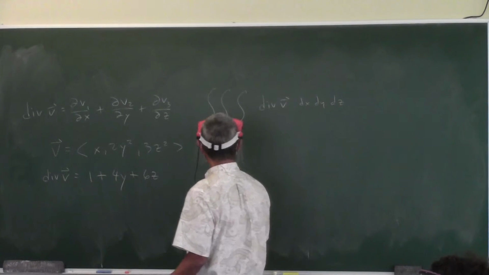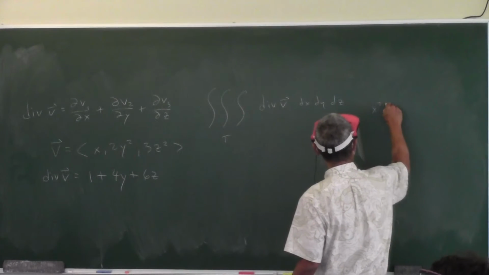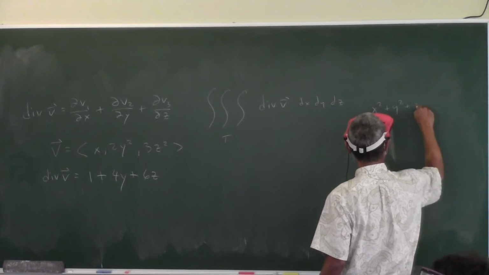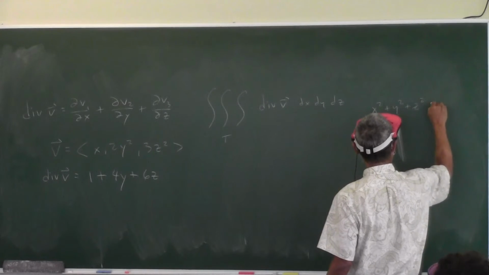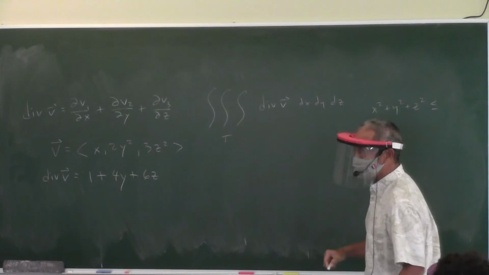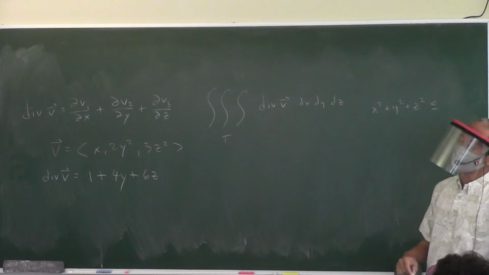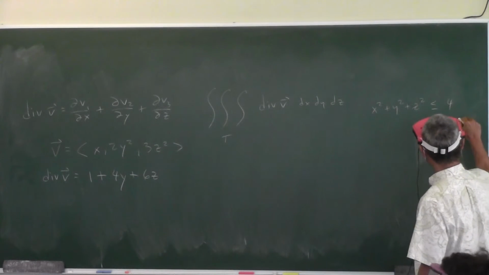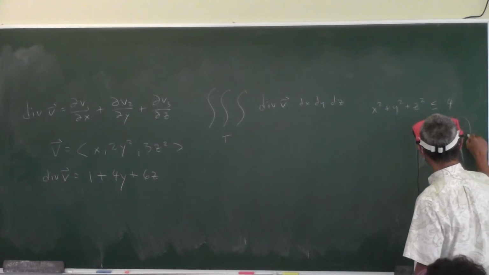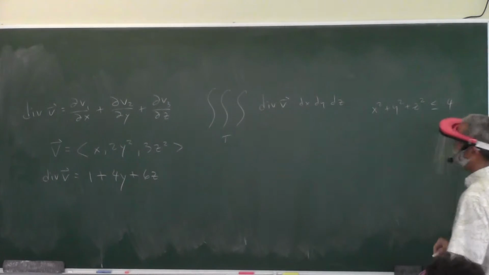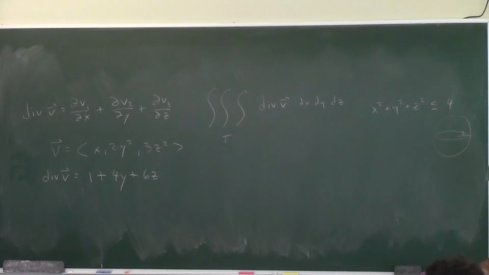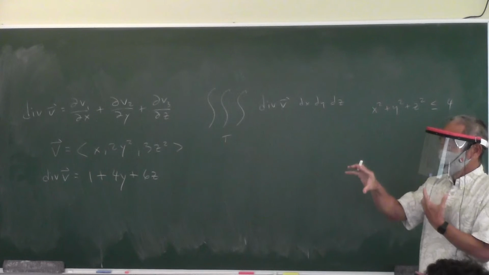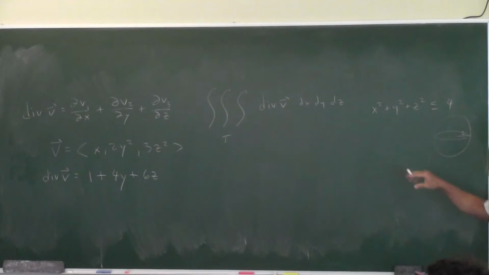So the solid will be x squared plus y squared plus z squared is less than or equal to, give me a number. 1. No, come on, that's weak. 4. Okay, 4. So that would be a sphere of radius 2 then, yeah? So the divergence theorem computes the flux out of the solid according to that vector field now.